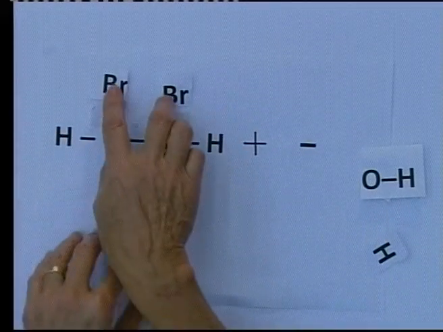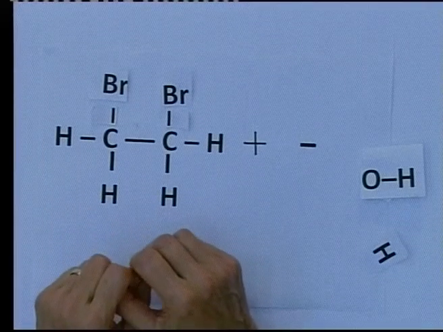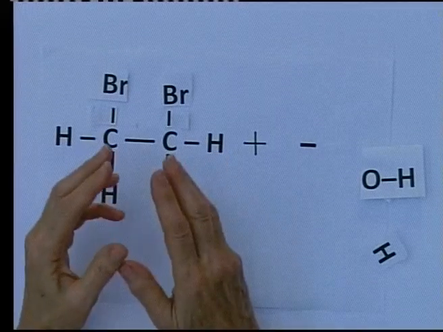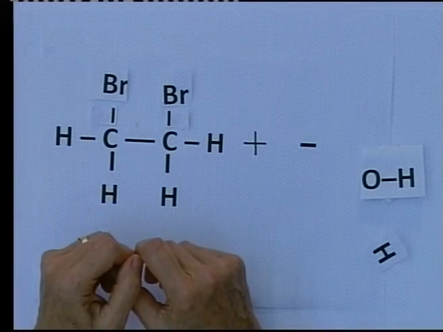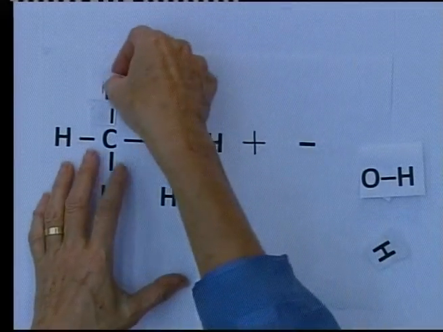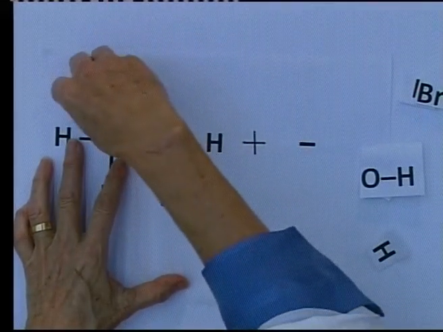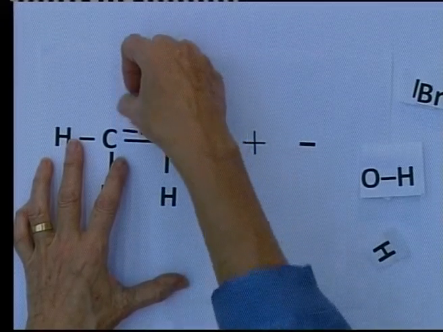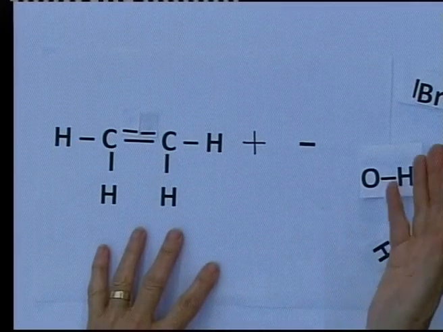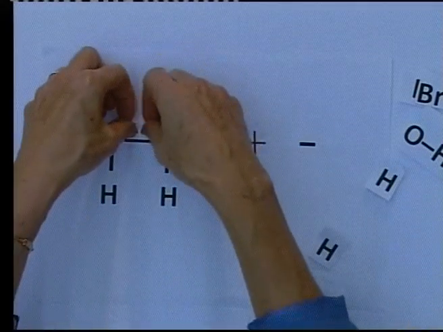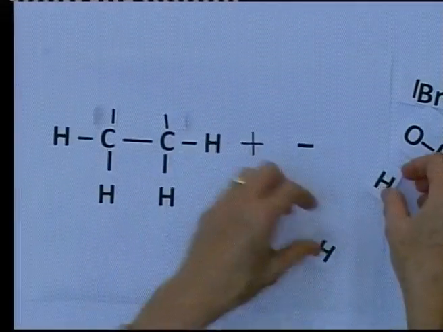So the addition of a halogen was called halogenation, or the addition of bromine was called bromination, but the removal of bromine from the molecule will then be called dehalogenation or debromination.